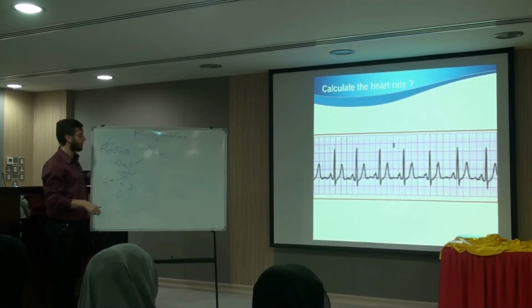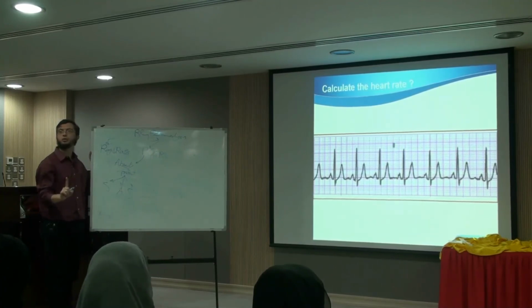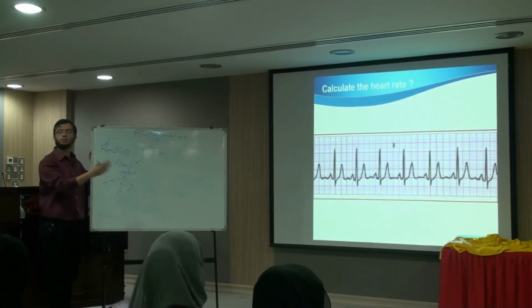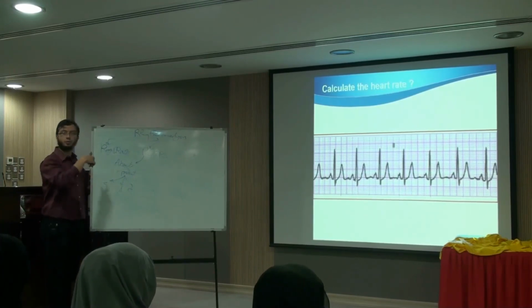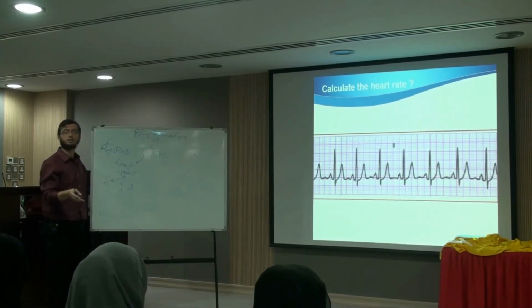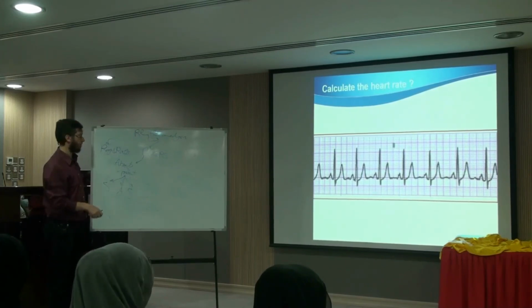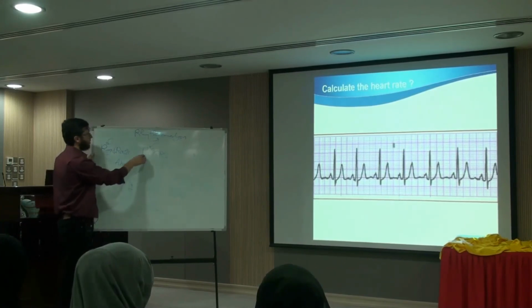If yes, then it's coming from the same focus. Which focus? We will see later. If not, like the P waves are present all over the rhythm strip but they are of different shape or axis or size, then they are coming from different foci. Okay, so this is the first thing.